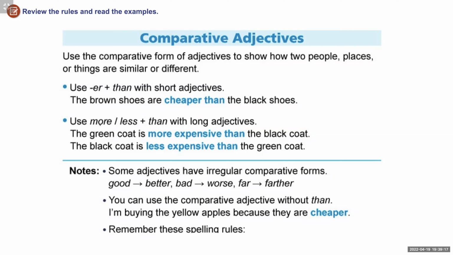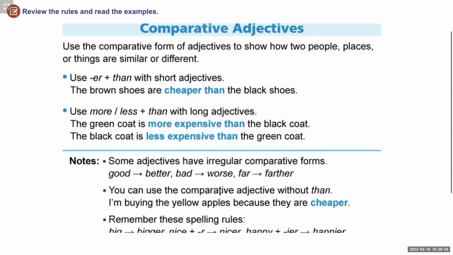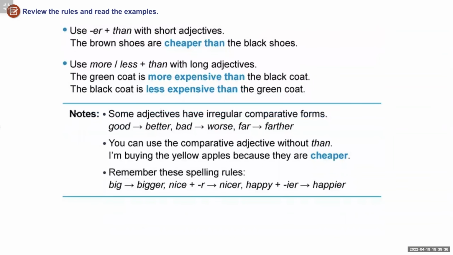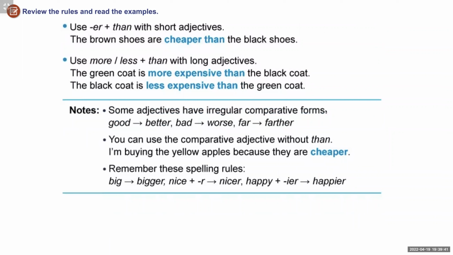Then we're going to use more or less than with longer adjectives. For example, the green coat is more expensive than the black coat, and the black coat is less expensive than the green coat. Then you also have to make a note because some adjectives have irregular comparative forms.